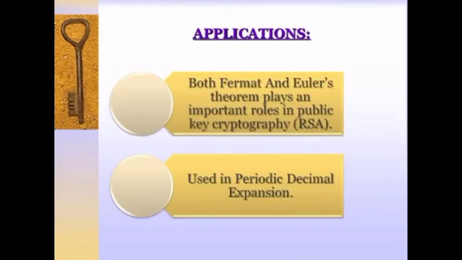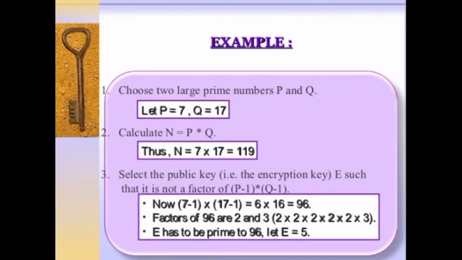Both Fermat's and Euler's theorems play an important role in public key cryptography, or RSA, and are used in periodic decimal expansion. And here are some examples. Choose two large prime numbers p and q. So let p be equal to 7 and q equal to 17.